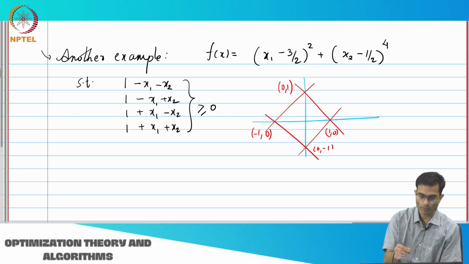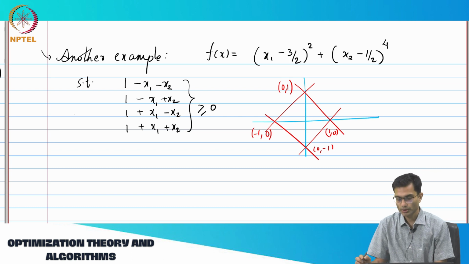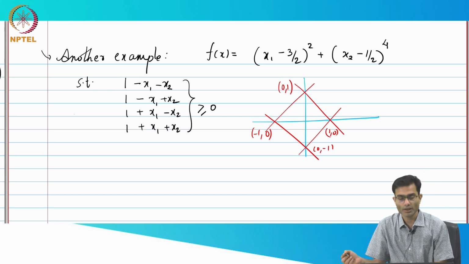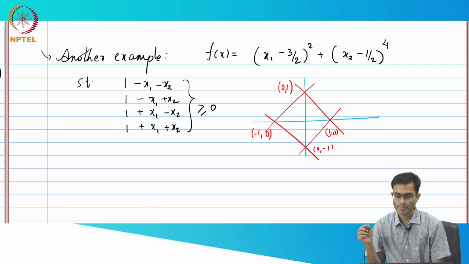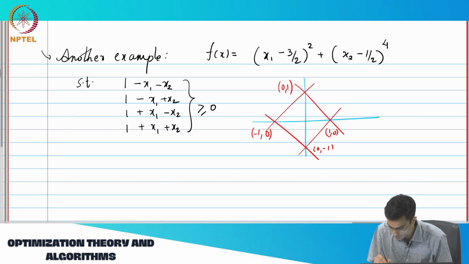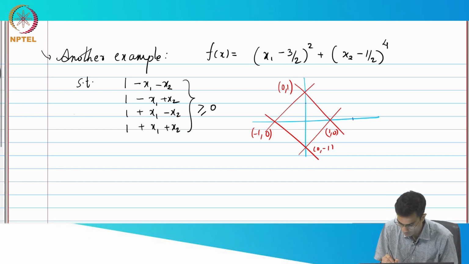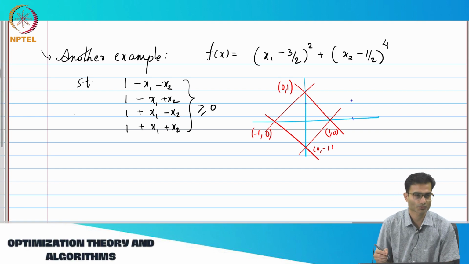Now comes the part of the objective function. It's not a quadratic form, that much we can see. One term is squared, one is to the power 4. But we can identify the point at which this function goes to 0, which is 3/2 comma 1/2. So 3/2 here and 1/2 maybe here. This is the point where this function goes to 0.